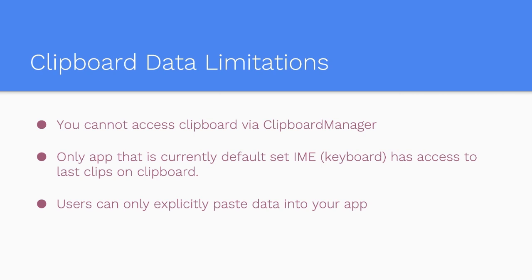Then there is a limitation on clipboard data. Earlier any app could open the clipboard manager and see the last 10 copied items the user has in the clipboard. That is again a privacy violation. So only the app which is your keyboard can read the clipboard now, because it might be showing auto suggestions based on the clipboard data.